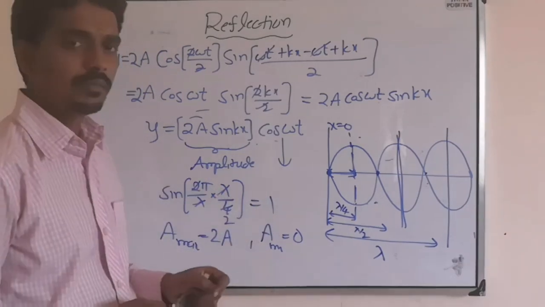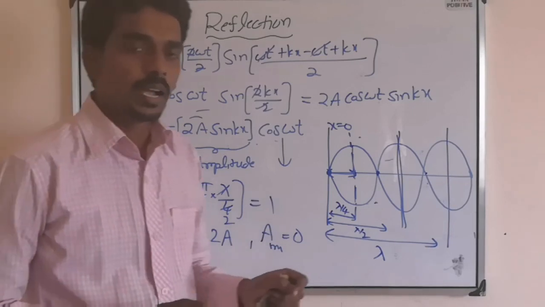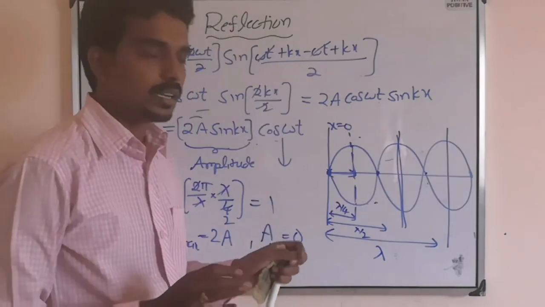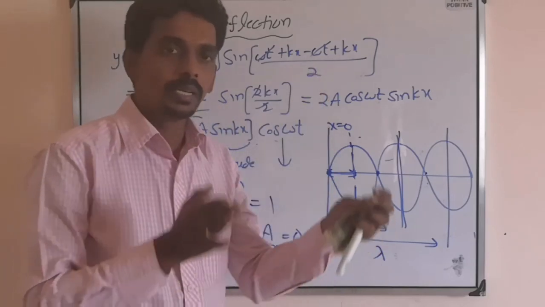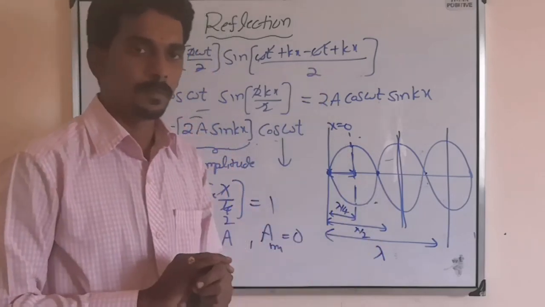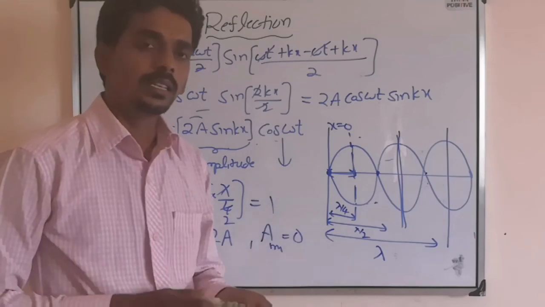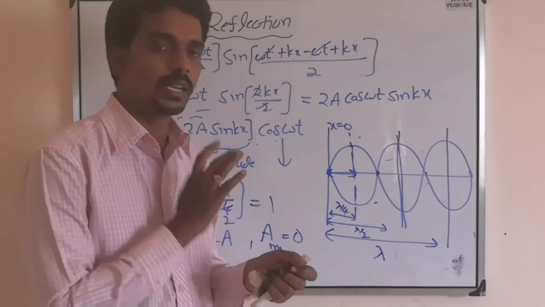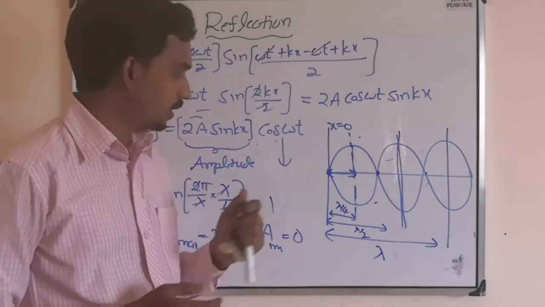So in a standing wave, amplitude is not the same and energy will not travel in a continuous manner. It will be confined between two fixed positions. And that's why we call it a stationary wave. You should know the difference between progressive and stationary wave also. Right?